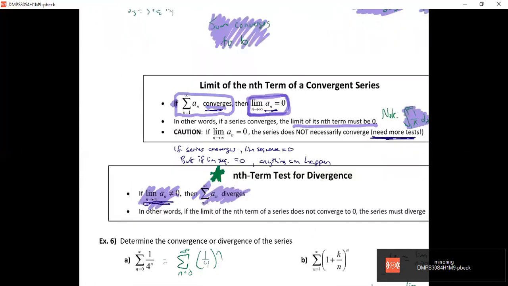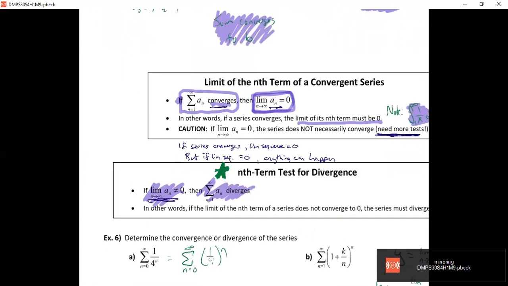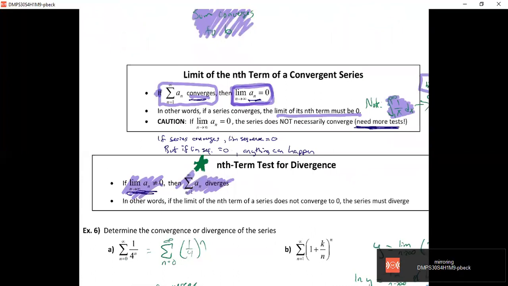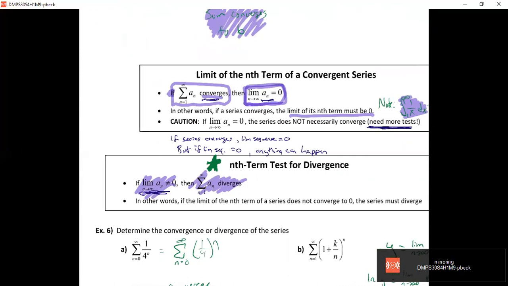So one of the things that we can determine right from the beginning is, does our limit equal 0? Let's write down a logic statement. If the limit of a sub n as n approaches infinity equals 0, it could converge or diverge.